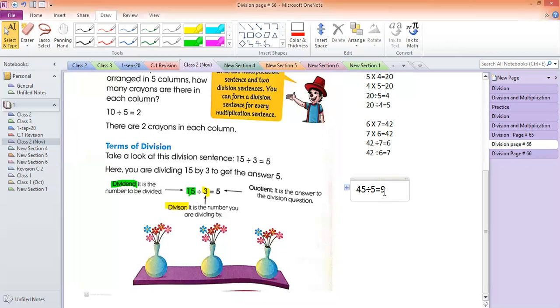Okay. Now can you tell me the divisor here? 5. Divisor is the number by which you are dividing. So you are dividing 45 by 5, so the divisor here is 5. Very good.